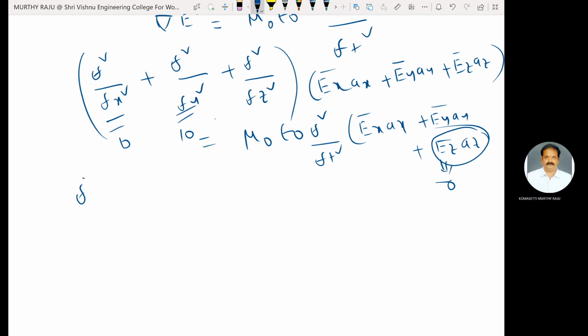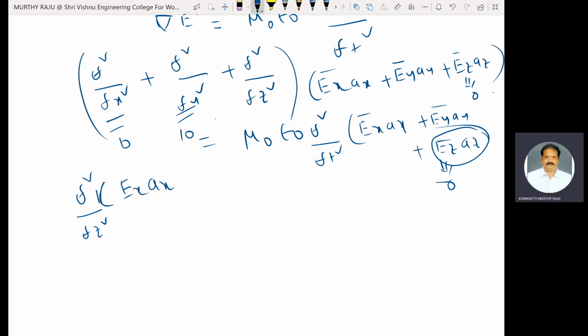Finally, dou square by dou z square, here also Ez is equal to 0.